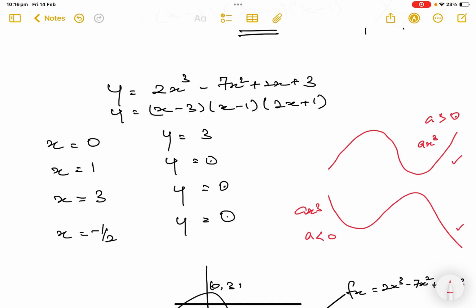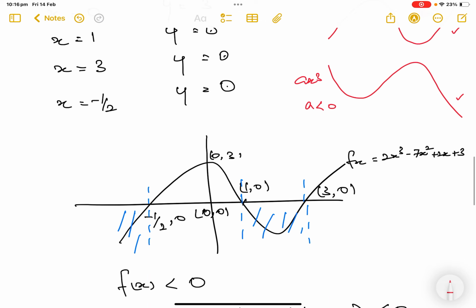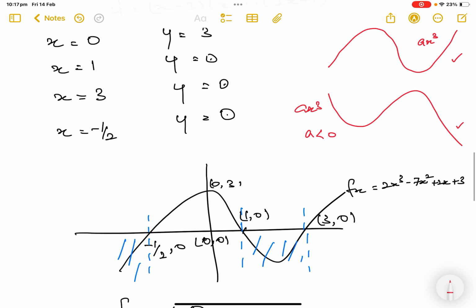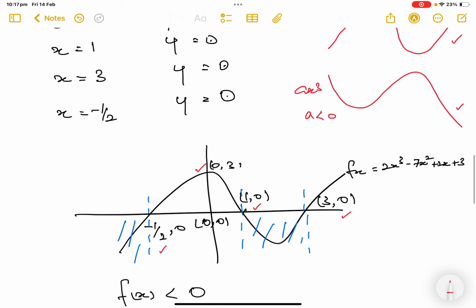If a is negative, it's a minimum and maximum, decreasing and then rising. But we have 2x³, so a is positive. Therefore, the graph is like that. We know for sure from these calculations that it cuts the x-axis in three places: −1/2, 1 and 3. And the y-axis here. So this graph is simply done.